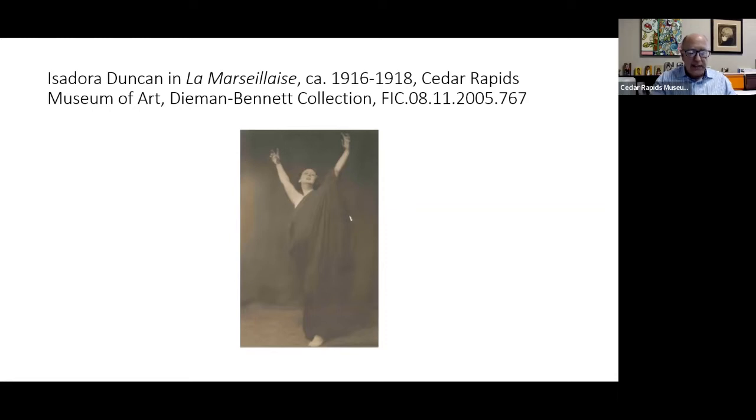She was born and raised in California, but lived and danced most of her life in Western Europe, and also danced and performed in the United States and the Soviet Union from the age of 22 until her death in 1927, when her scarf became entangled in the wheel and axle of the car in which she was traveling in Nice, France. It pulled her from the car, breaking her neck instantly, killing her on the spot.